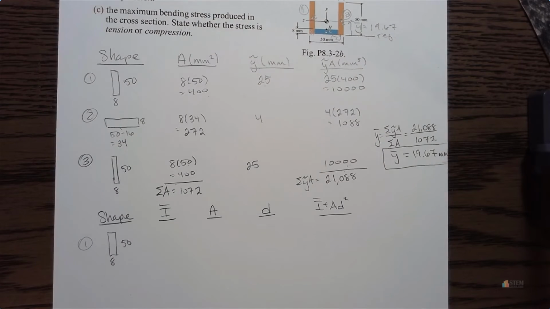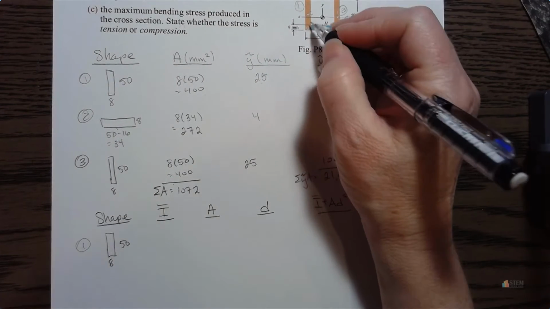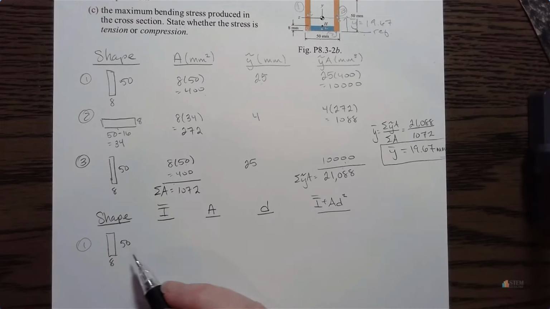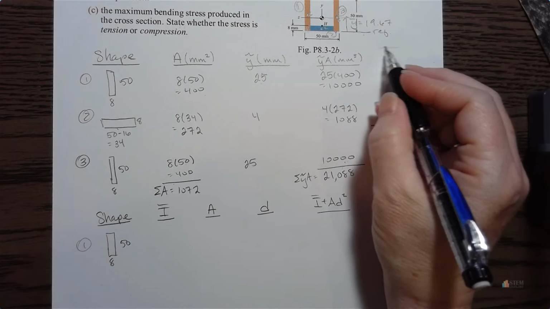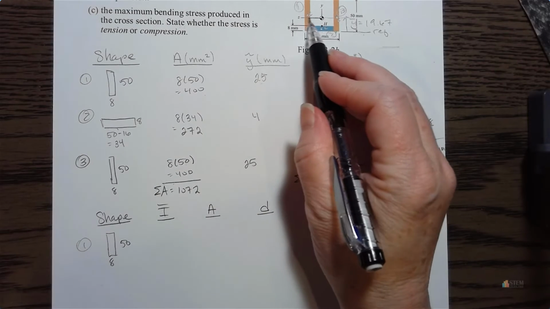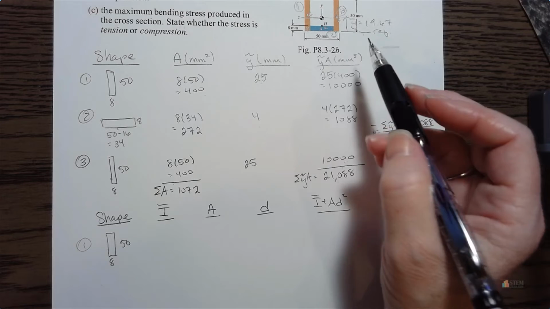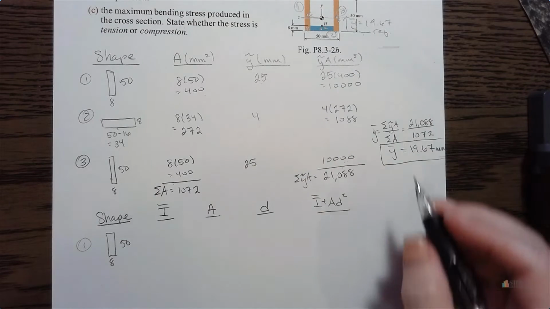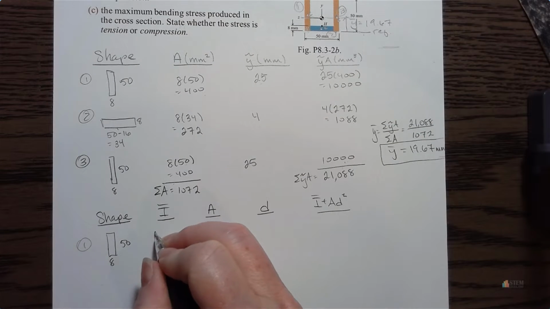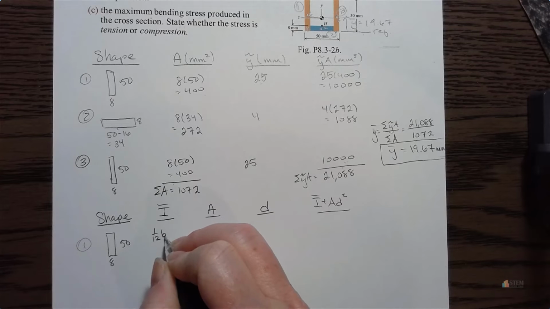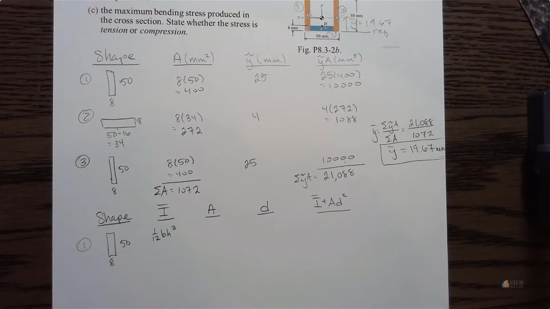Okay, so shape 1 is this left side. Now this is a rectangle, so you're going to use the equation for the moment of inertia for a rectangle about the horizontal axis. So in this problem, we're calling it Z, right? So in your centroid or inertia tables, that's probably going to be called X. So we're going to have 1/12 base times height cubed.